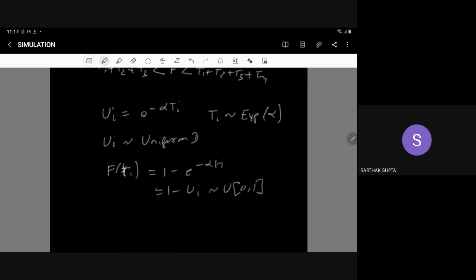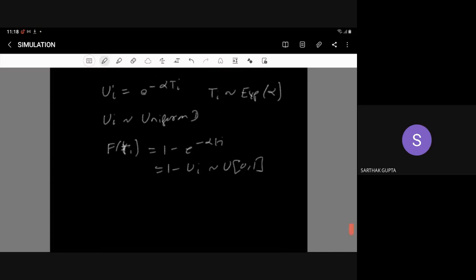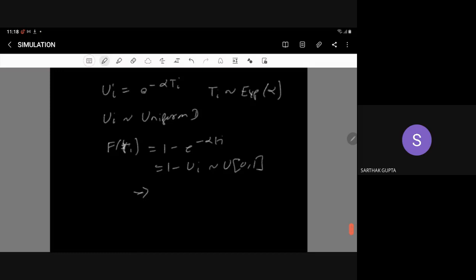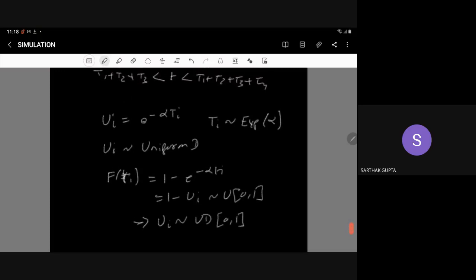In the last example, I showed you that if 1 minus u follows the uniform distribution, then ui also follows the uniform distribution between 0 and 1.